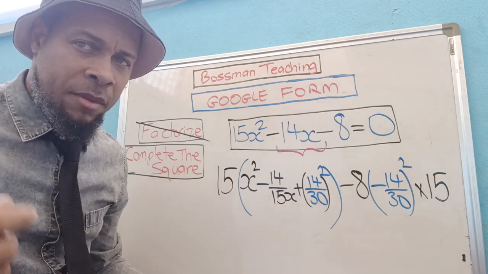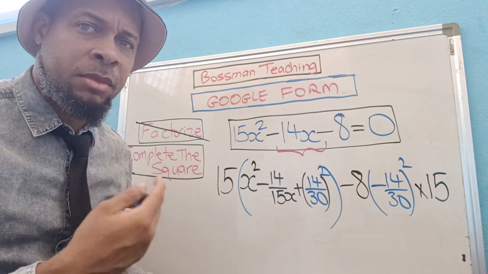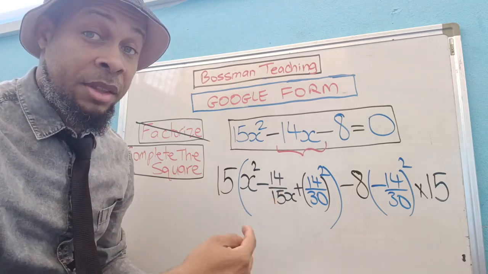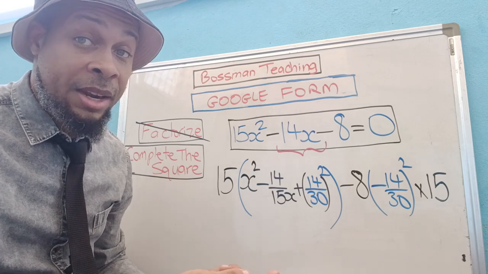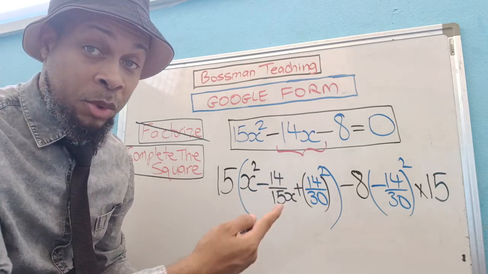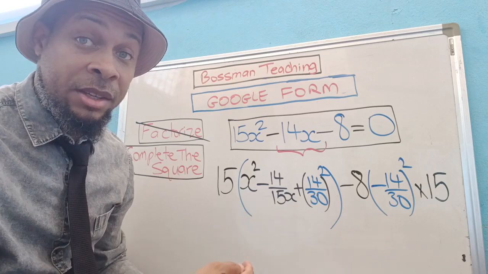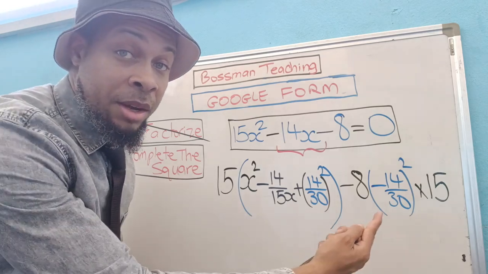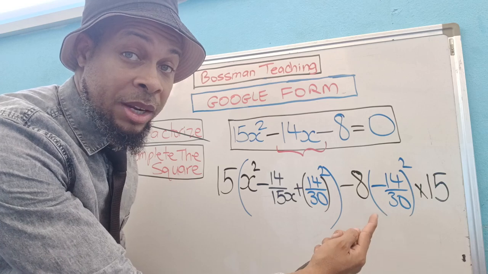So if you're ever running into this problem, take this, half it, then square it. The half of 14 over 15 is 14 over 30. Then of course you put the 2 up there as the exponent. But this is a plus, so you have to have the minus equivalent.